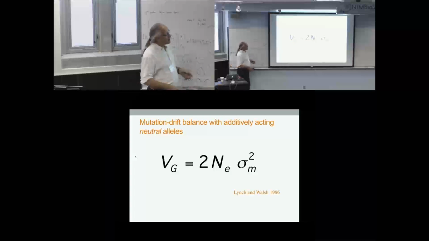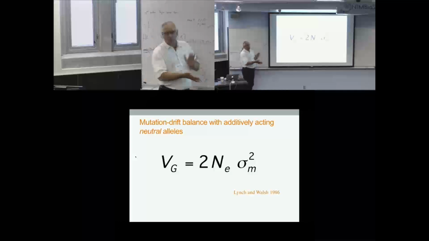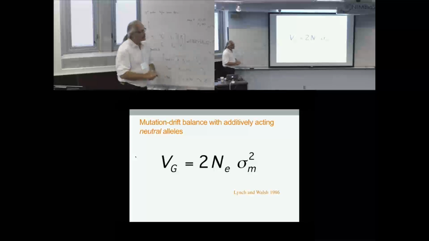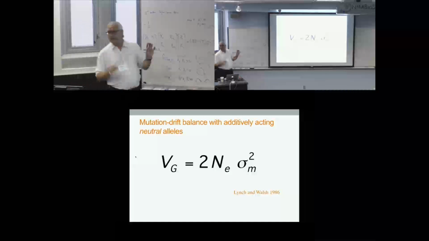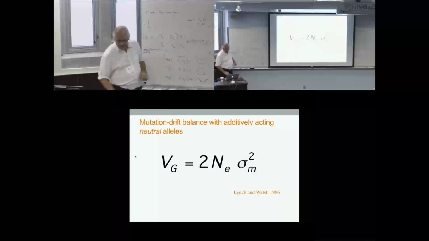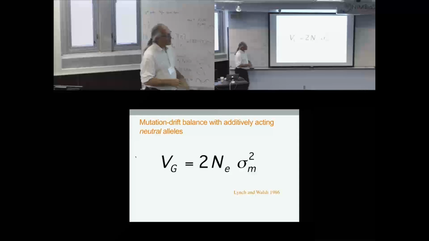So this is, again, banning selection, a mutation-drift balance for a single population. And what I want to do now is expand this a bit to think about how this acts, from related concepts, in a structured population.